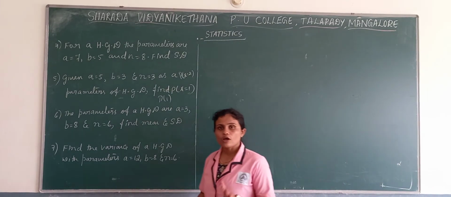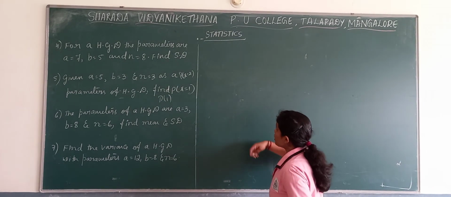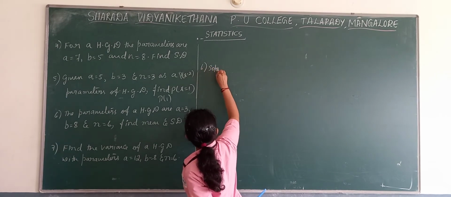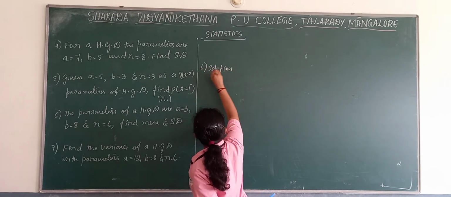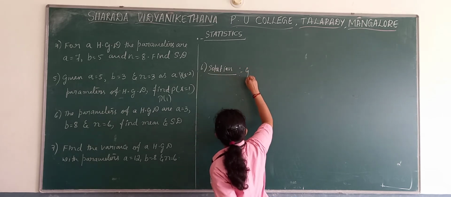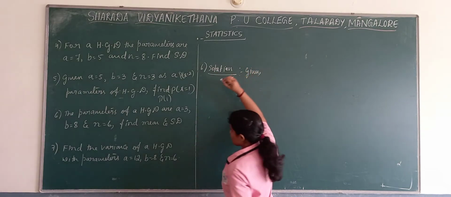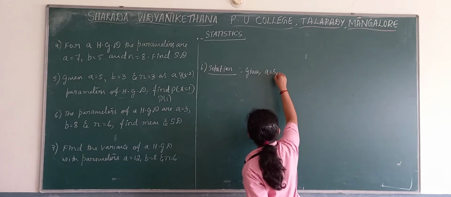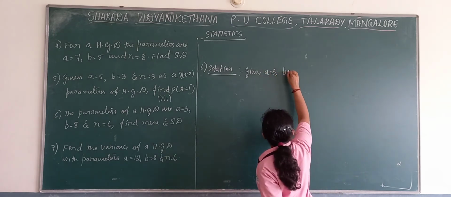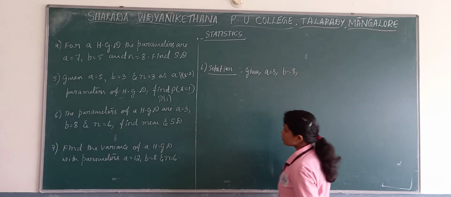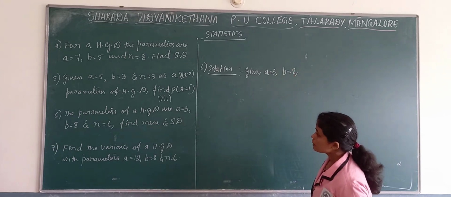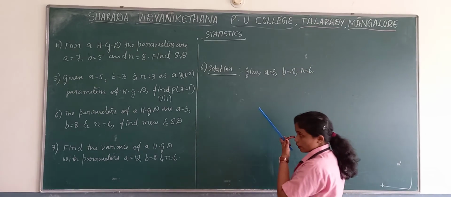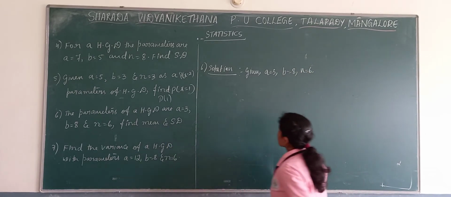Now, sixth question, write the solution there. Given values are a is equal to 3, b is equal to 8 and n is equal to 6. We need to find out mean and standard deviation.